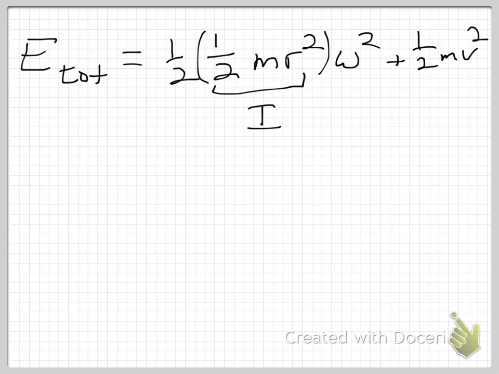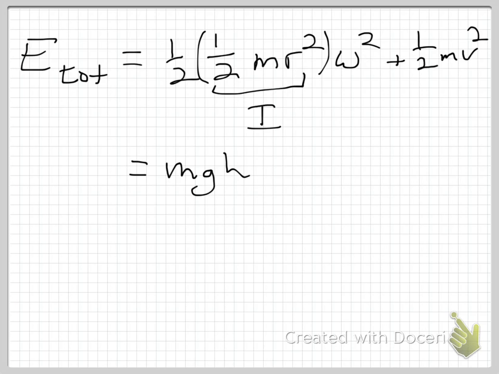Remember, this is I right here. And that's got to be equal to my original total energy, not my original kinetic energy, which at rest is just the gravitational potential energy, mgh.